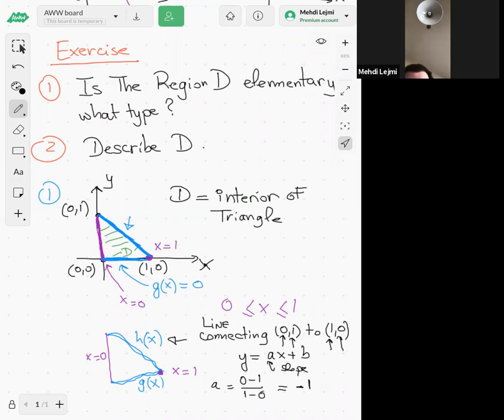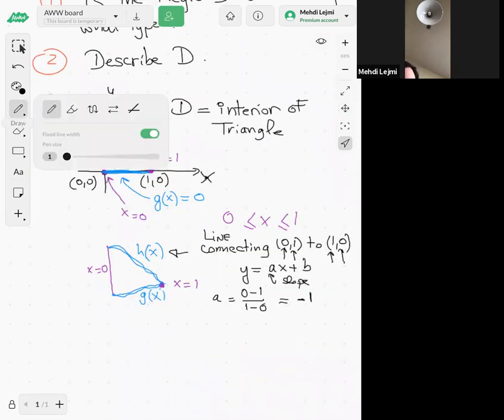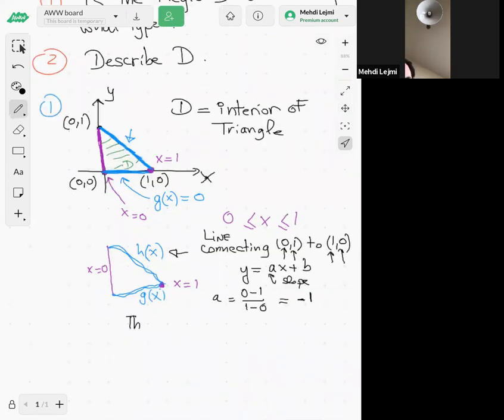Then you can substitute x and y with 0, 1 or 1, 0, and then you can find b, right? Let's substitute x and y by 0, 1.